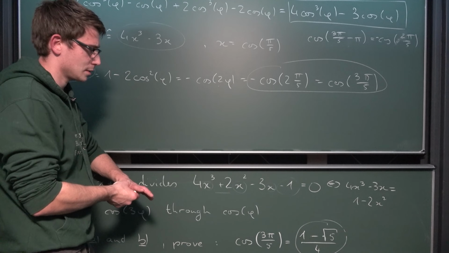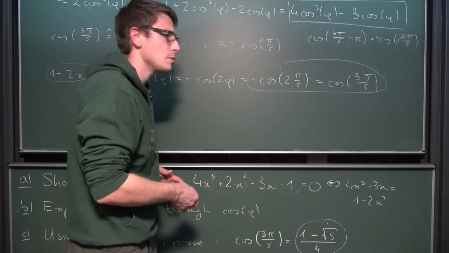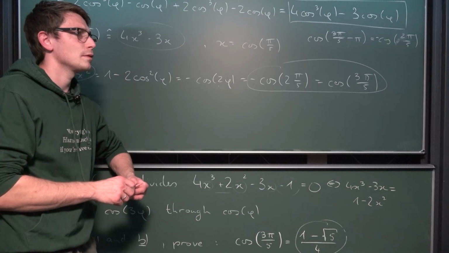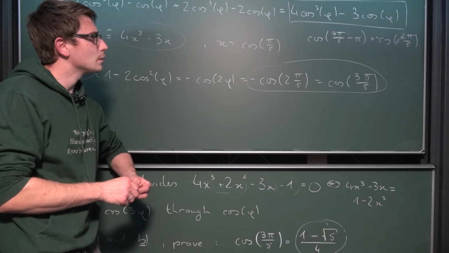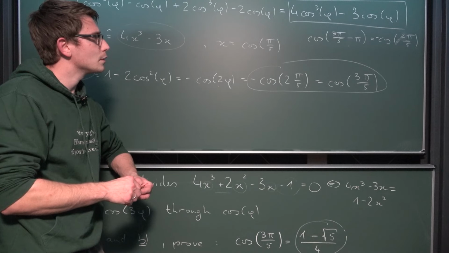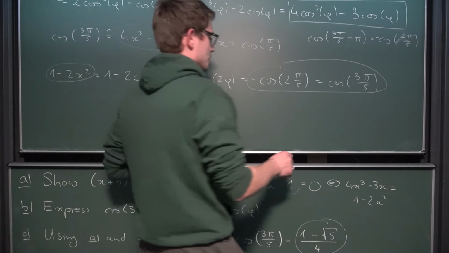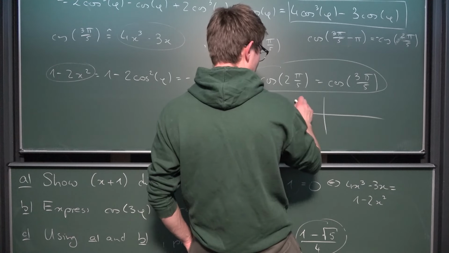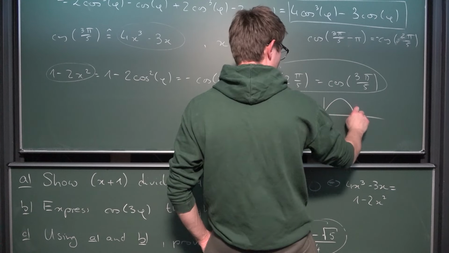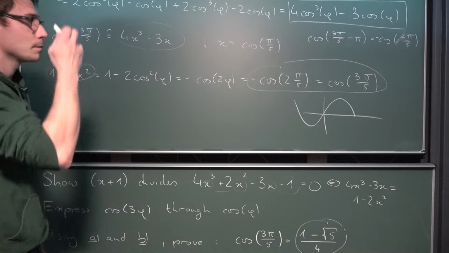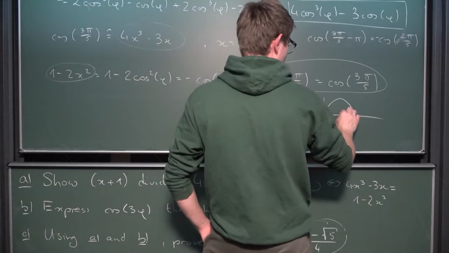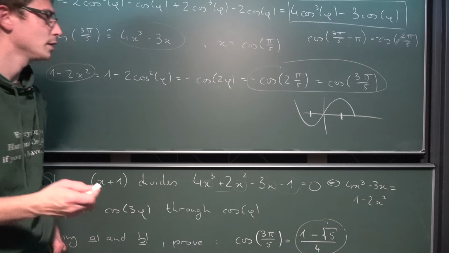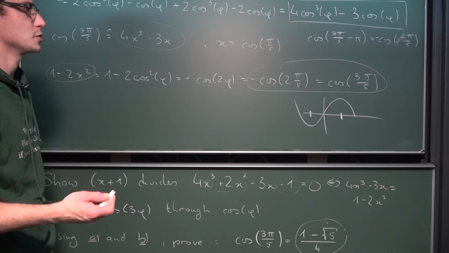Oh, wait a minute. Is it the same? Am I tripping right now? I need to think for a second. If I take cosine value here, cosine of pi over 2 is the same as cosine of negative pi over 2.